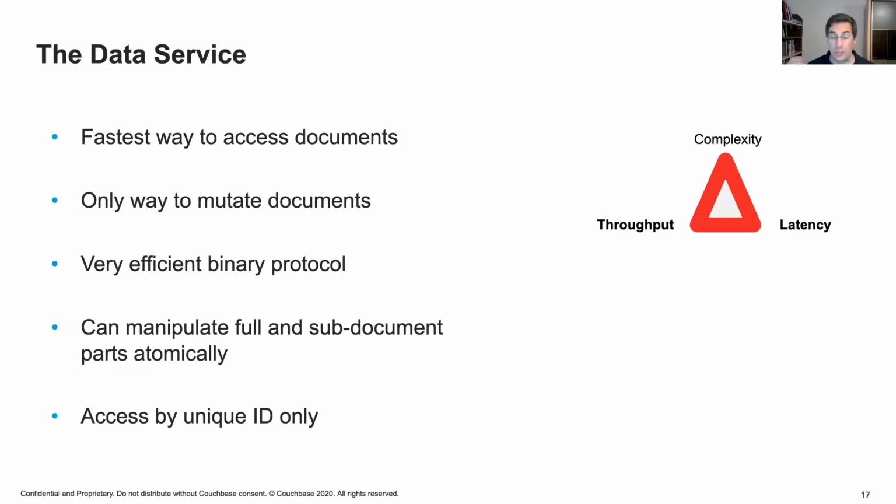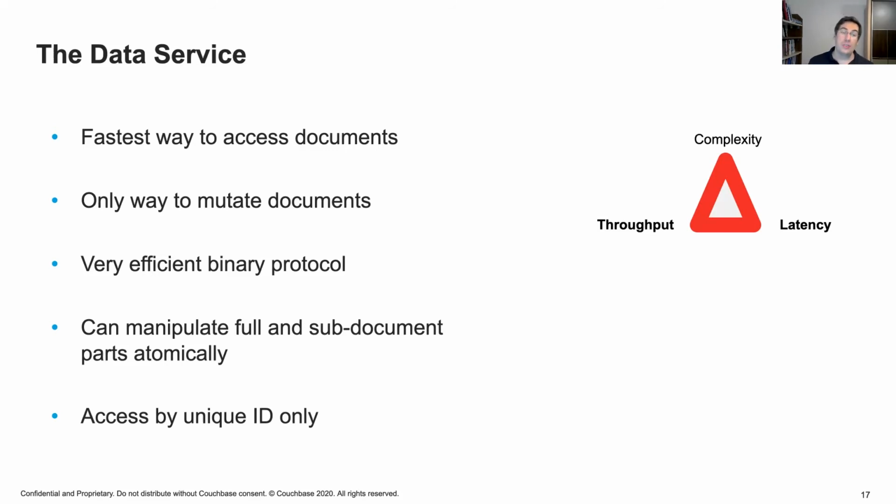When you store a document, the only way to store a document in Couchbase Server is through the key value service. And then through eventually consistent indexes, all the other services over TCP get streamed the information and update their respective data structures. It's a very efficient binary protocol that has its origins in the memcached world.